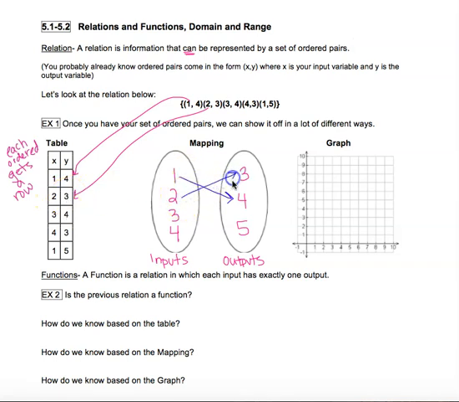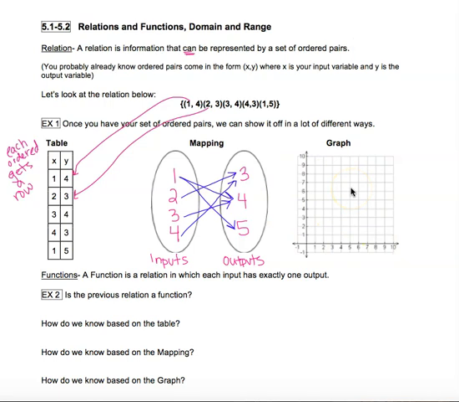So I draw arrows that way. The arrow always starts with the input and goes to the output. Then I have input 3, output 4. Then input 4, output 3. And then finally, input 1, output 5. And so the arrows show us that association.